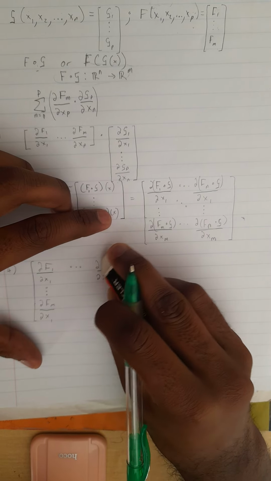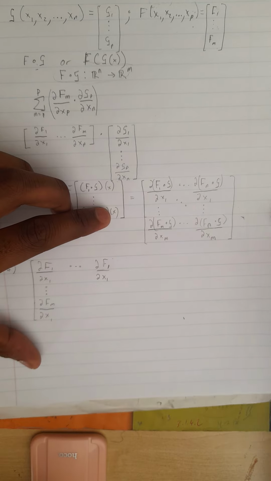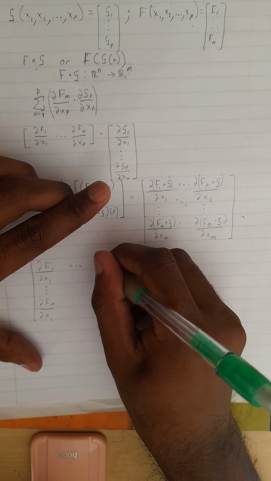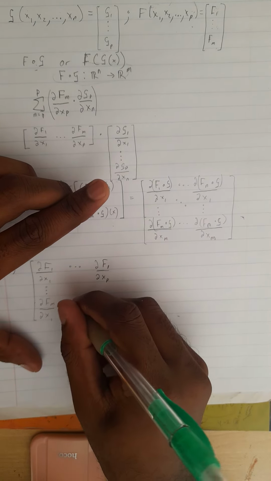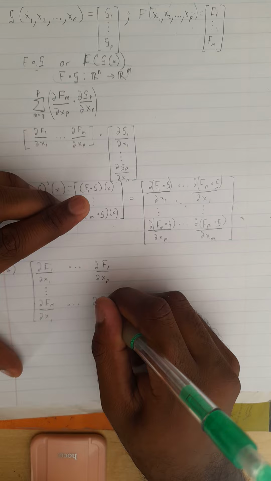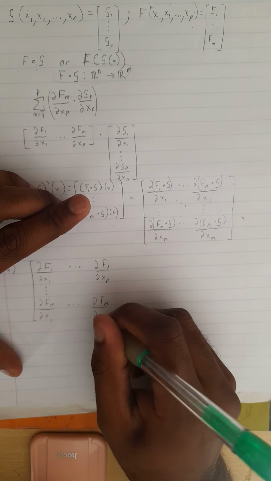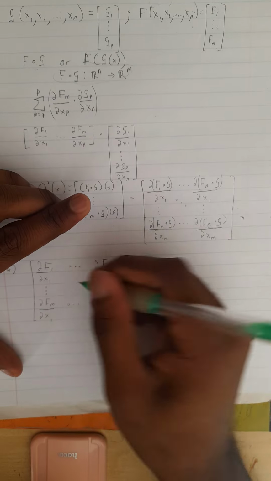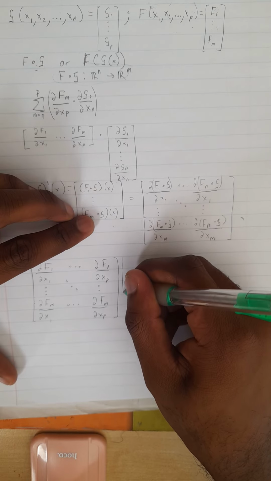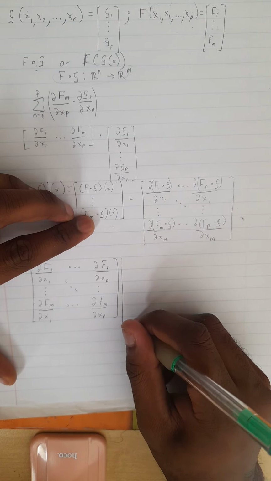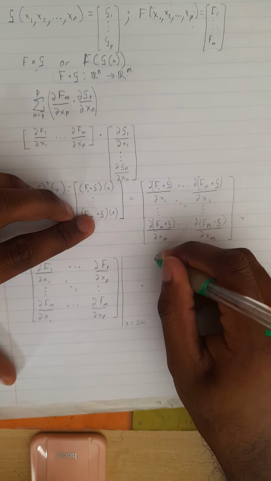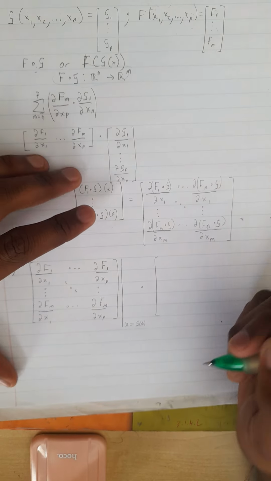So partial derivative of f1 with respect to xp. I hope that makes sense because it's really sinking in for me. Partial derivative of fm with respect to xp. This is where we can do our function evaluations. This is going to be evaluated at x equals g of t, dotted, think dotted.